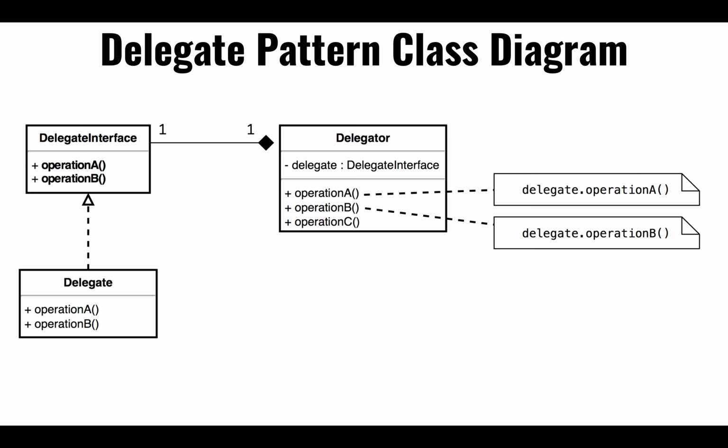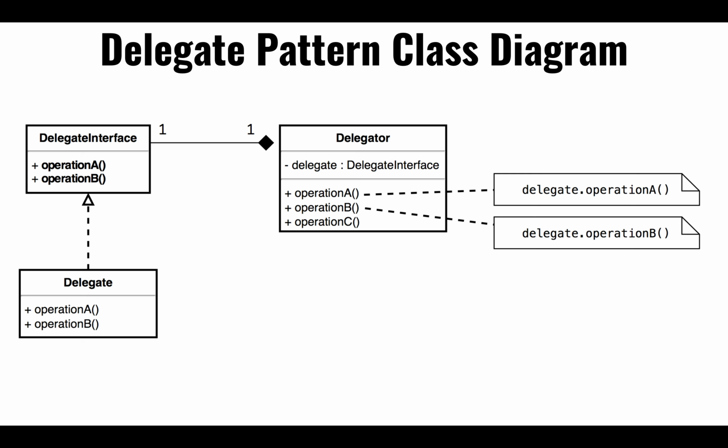And one good thing is that you can receive in your constructor any version of implementation. You don't care if you're using a linked list or an array or a hash table or whatever. I don't care. I'll just use the delegate, however that is implemented.